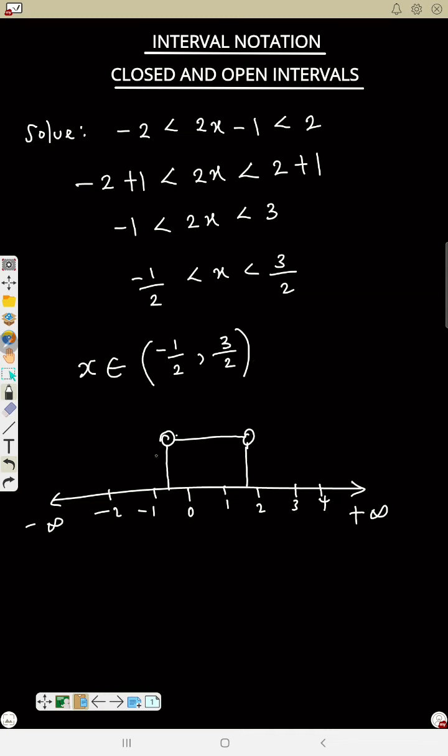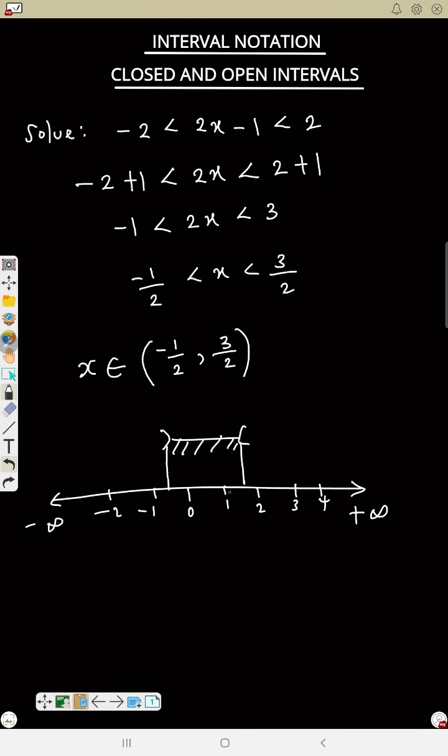If I like, I may not use this circle. You will notice I did not shade the circle. If I shade this circle, it means less than or equal to. But if I do not shade it, it means less than. So that's why it's open. Or I can use the brackets like this, also like this, to represent it.